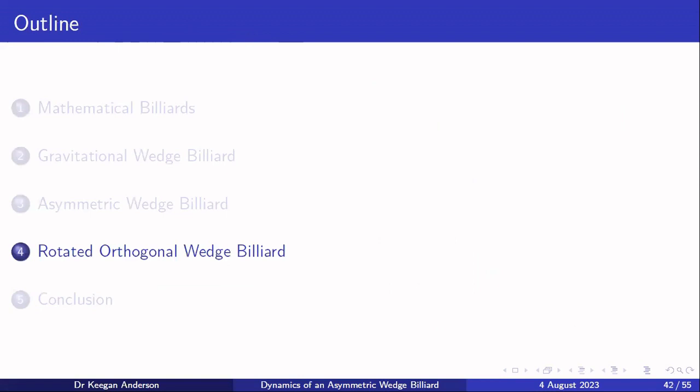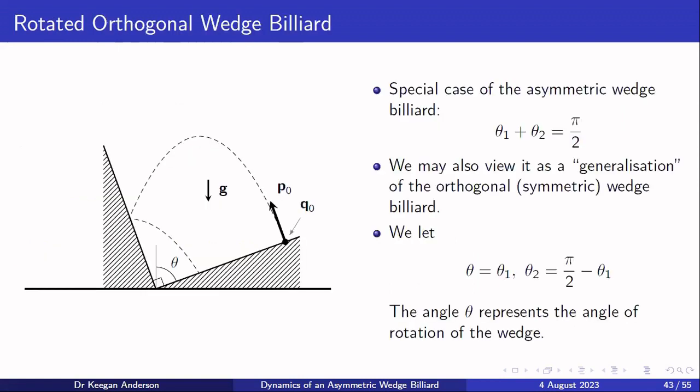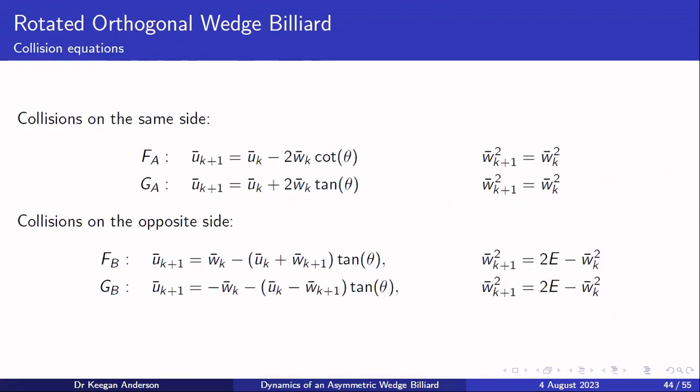But now we get to the second special case, which is, as I said, where theta 1 plus theta 2 is equal to 90 degrees, which gives us integrable dynamics. In this sense, we can think of theta 1 also as a rotation angle. It tells us how far this wedge has been rotated away from the vertical axis.